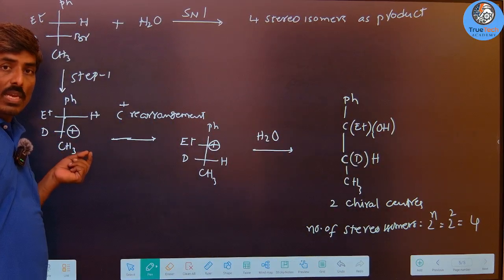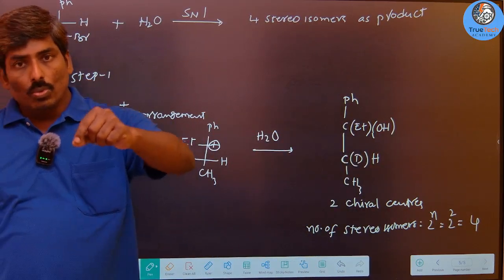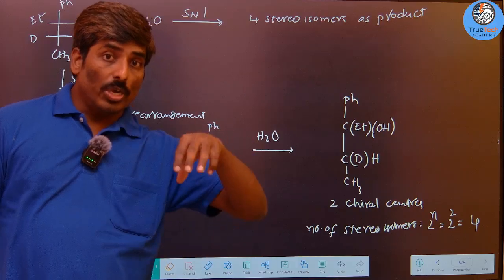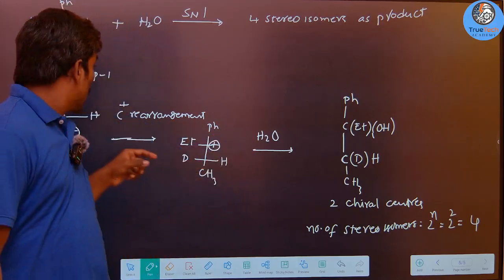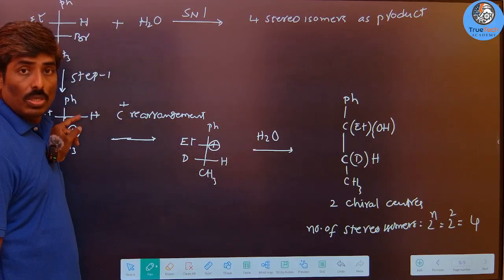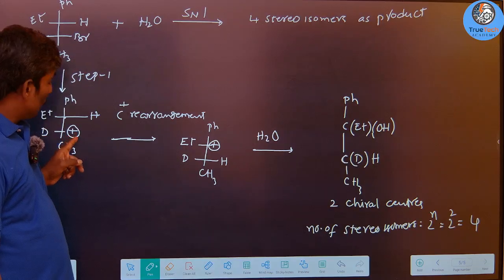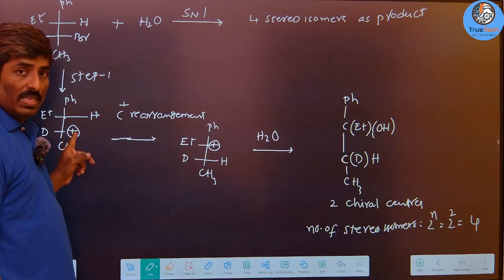Why, in the previous example, did we get 2 diastereomers, while in this example we got 4 stereoisomers? Because here both chiral centers proceed through carbocation formation.